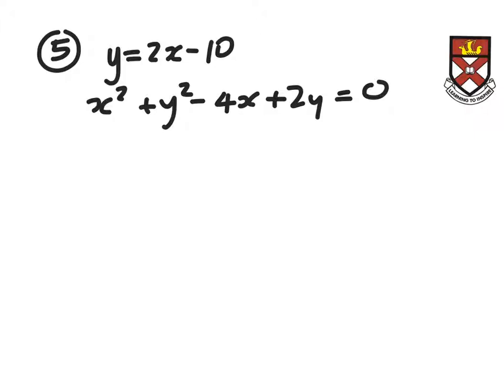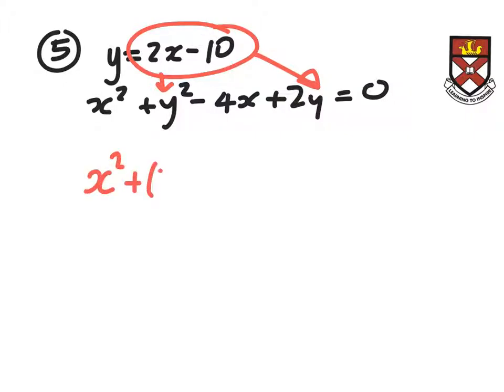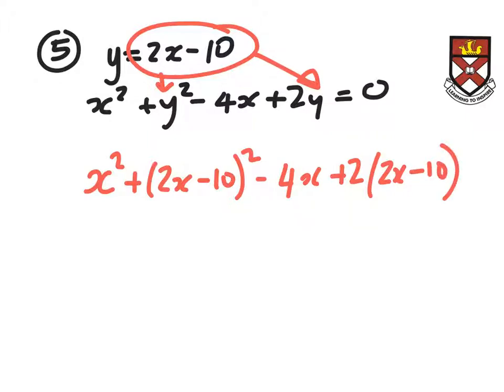Question 5, show that a line is a tangent to the circle. So we're going to substitute 2x minus 10 in here and 2x minus 10 in here. So we're going to have x squared plus (2x minus 10) squared minus 4x plus 2 lots of (2x minus 10) is equal to 0.